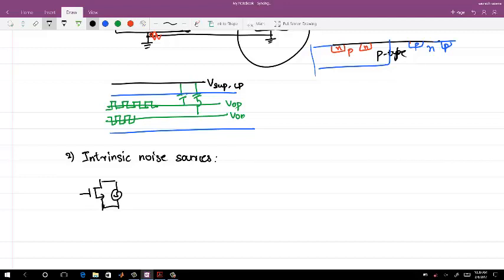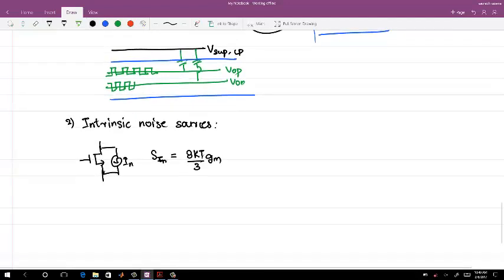I hope everyone knows this. The noise spectral density of any current source, S of I n, equals 4kT gamma times gm, or 8kT by 3 times gm, if it is operating as a current source.